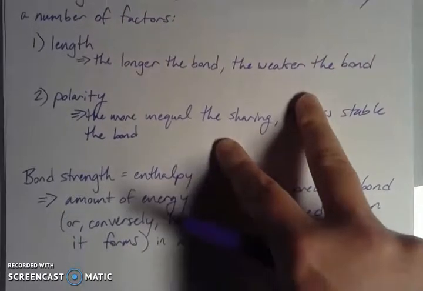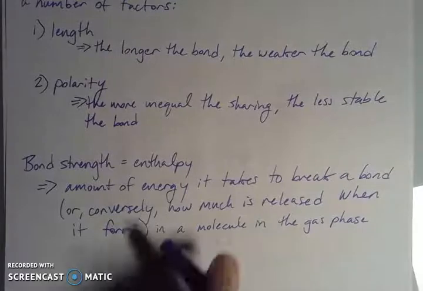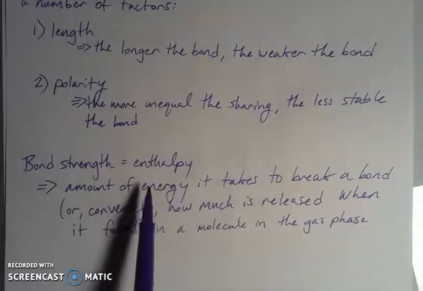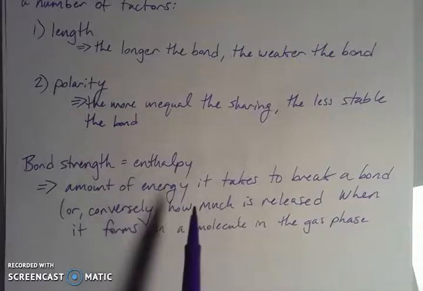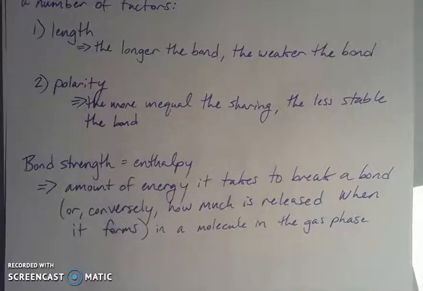Now, bond strength, when we're talking about a definition, is enthalpy, and we've talked about enthalpy in other videos when we're talking about the energy of different processes. So in this context, it's a delta H, and it's the amount of energy that it takes to break the bond.